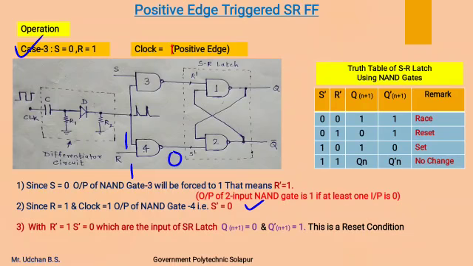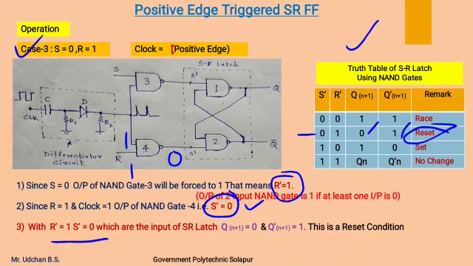Now the inputs to the SR latch are R dash and S dash. For this case, R dash is 1 and S dash is 0. So if we observe this truth table, when R dash is 1 and S dash is 0, at that time Qn plus 1, that is the next state, will go 0 and its complement will become 1, meaning the output gets reset.